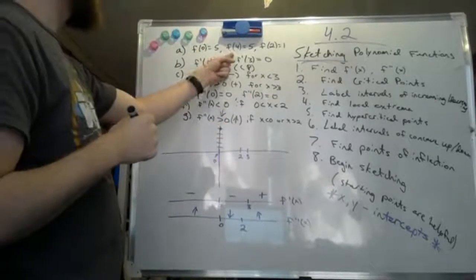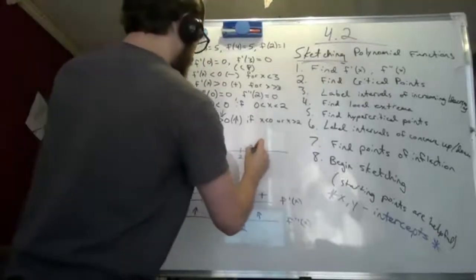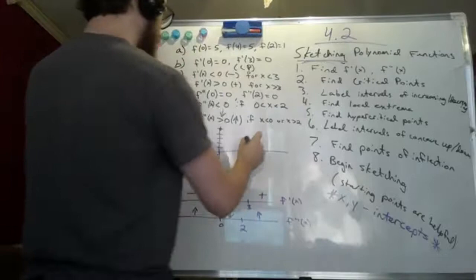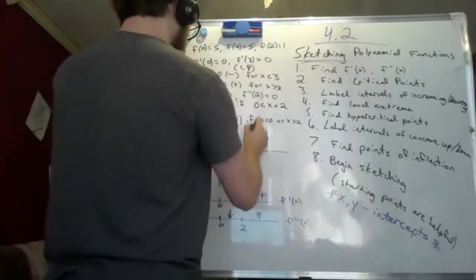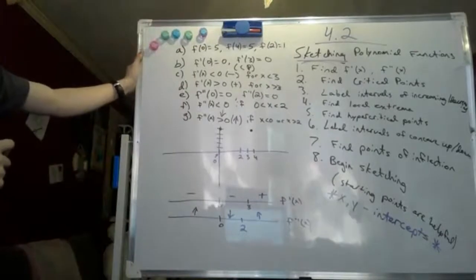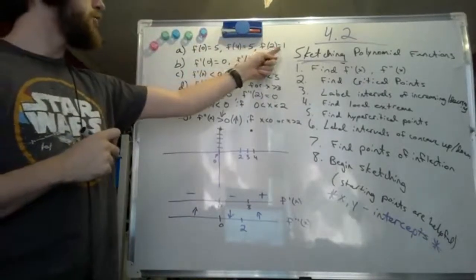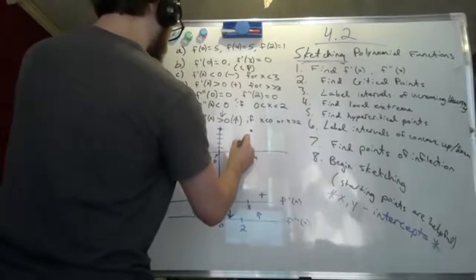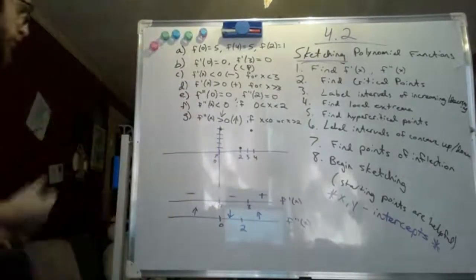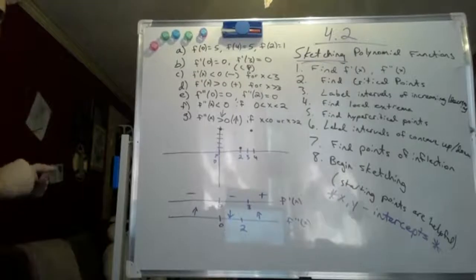We also have a point at 4. So this is extra information that we didn't have otherwise. We're told at 4, it's also 5. So there's another point. And then we're told at 2, it's a value of 1. So we got another point right there.